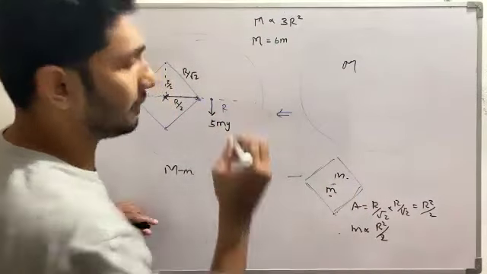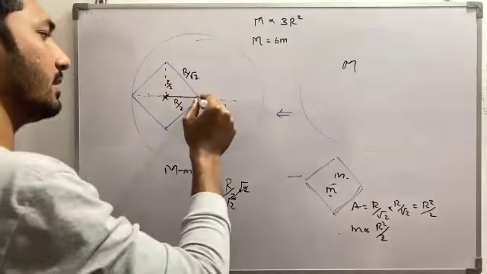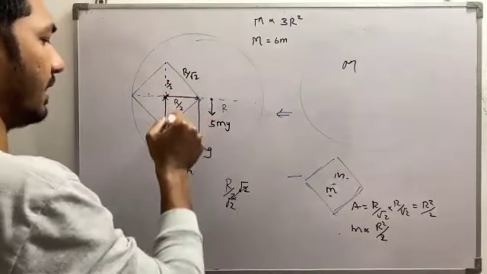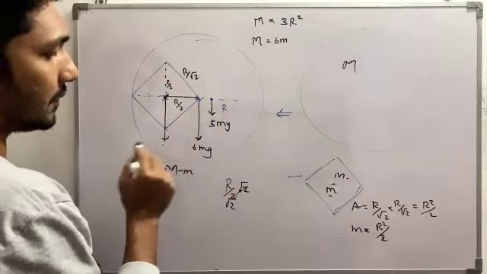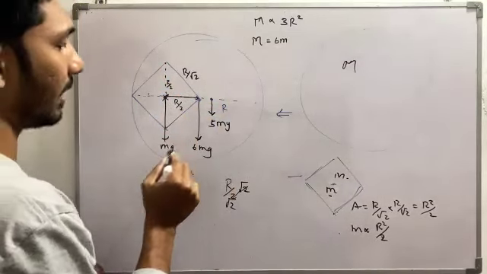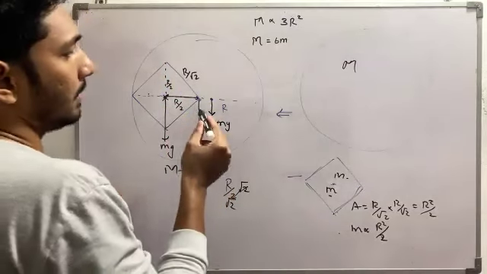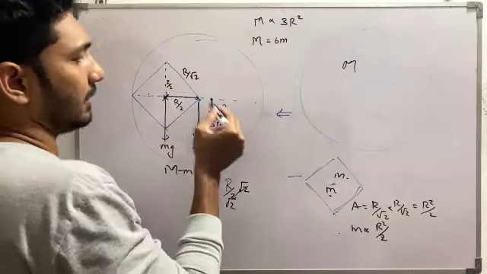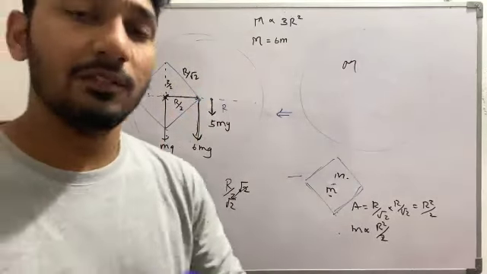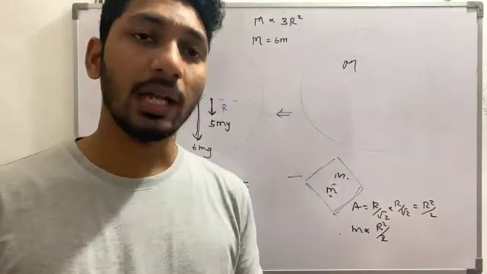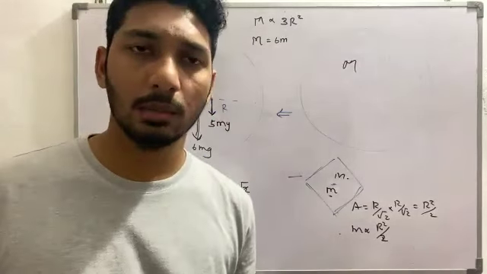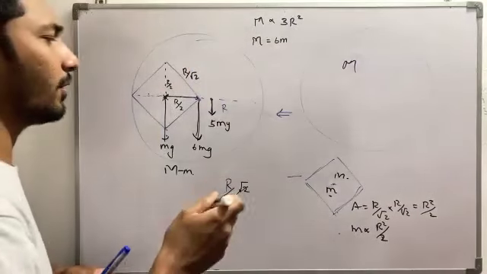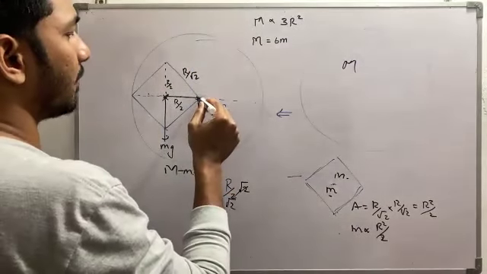And 5mg, if I talk about the forces, this will be the intact disk, that will be 6mg. I'm drawing everything here. This will be mg. Now I told you the moment of this minus the moment of this will be equal to the moment of this. So you have to find the moments about some pre-decided point. You have to decide the point first. For my convenience, I'm going to select this point.